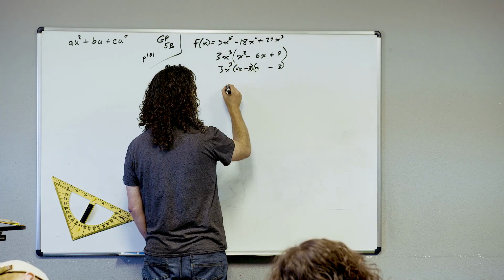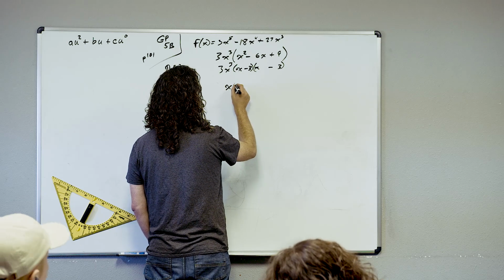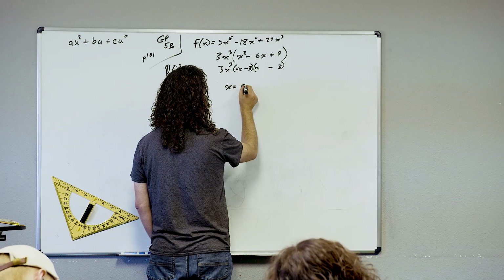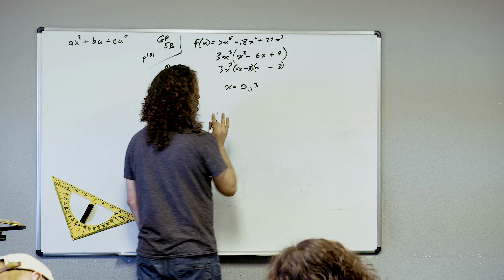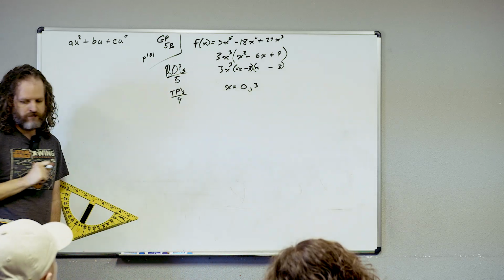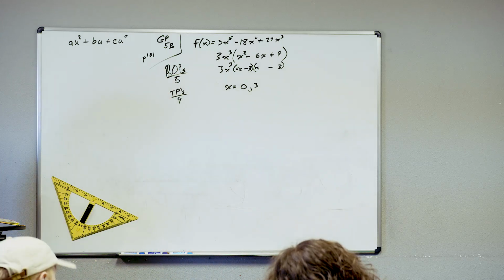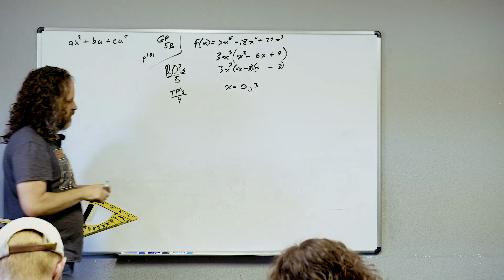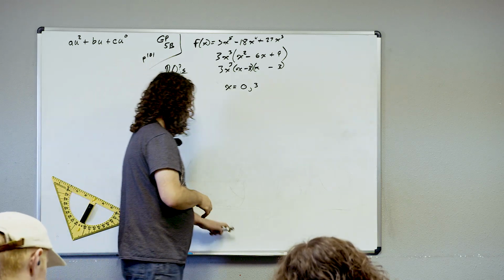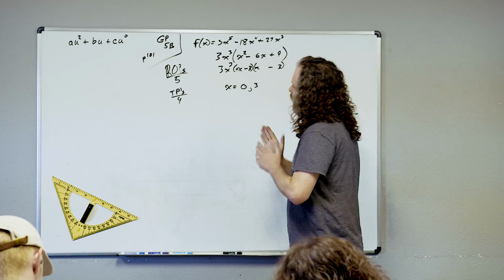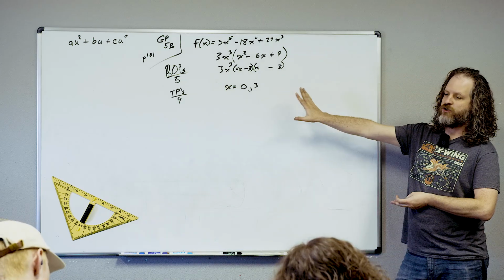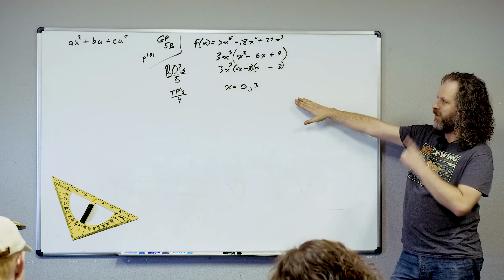Which means the zeros are x equals 0 and 3. So on this particular polynomial, we can have up to 5, but we only had 2 because we had some repeating ones.